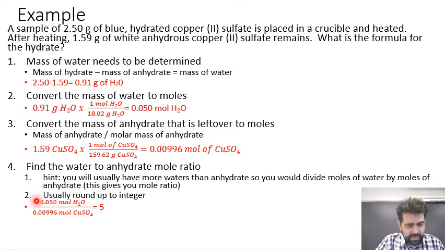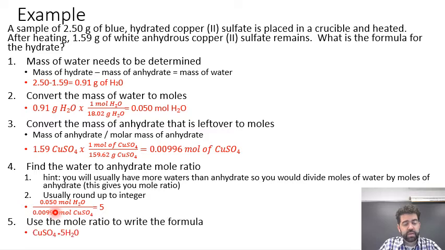These are tiny numbers, but 0.050 is a much larger number than 0.00996. When we do that on your calculator, you're going to get about 5. I don't think it's exactly 5 if I remember right, but because it's almost exactly 5, we're going to go with that.